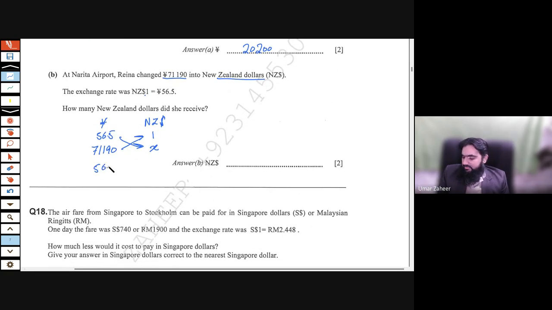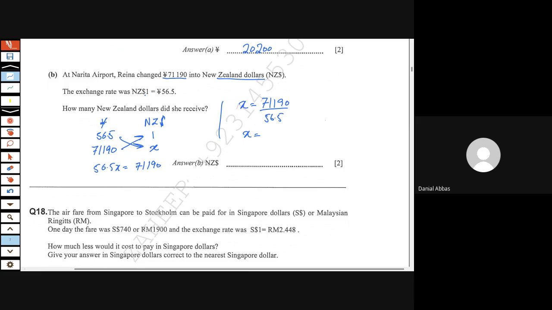So 56.5 multiplied by x is 71,190. It is multiplying, so on the other side it will be divided. 71,190 divided by 56.5. Yes, that is 127.26 New Zealand dollars.